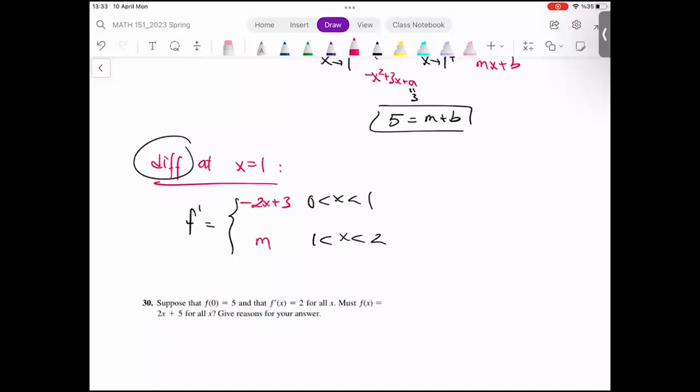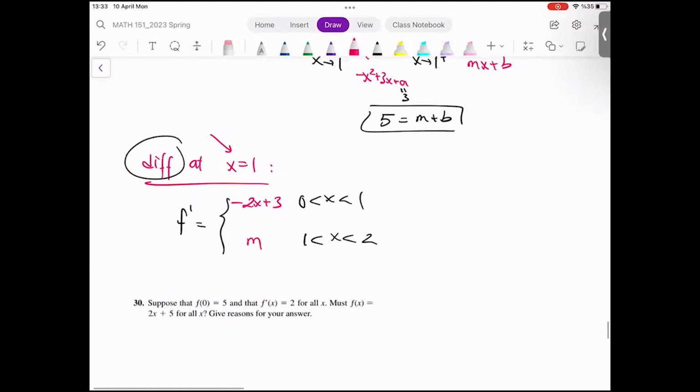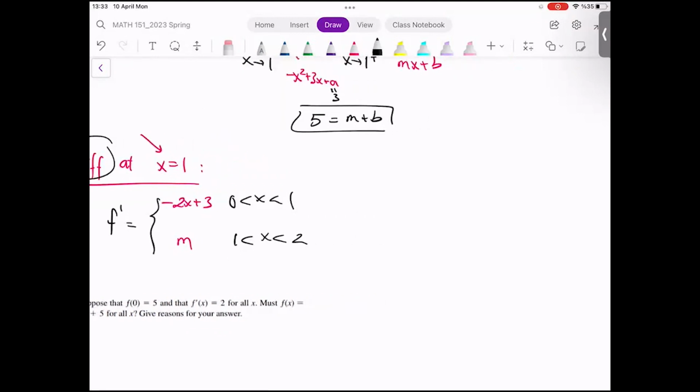Now, we are checking differentiability at 1. That means that we need to check left-hand side derivative, right-hand side derivative, whether they are the same in the limiting value or not, which we did before. Differentiability at x equals 1 is checked like checking the limits of not the original function, but the first derivative from left, from right.